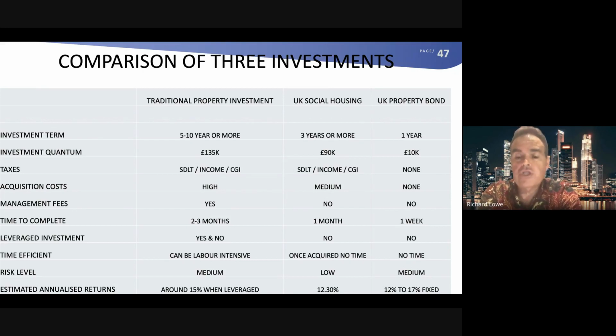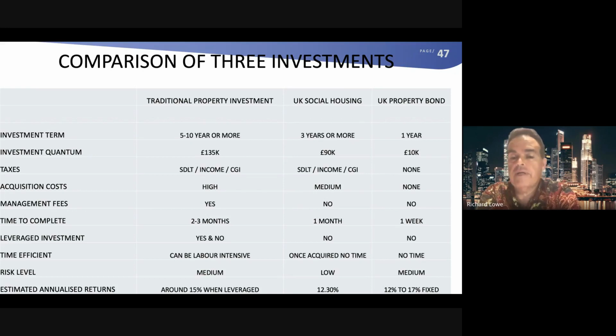When it comes to the UK social housing, I've derived the figure of 12.3%. I've used an assumption that the client is going to trigger a 3-year guaranteed buyback with a 10% premium. You're buying the property at a net 9% yield, which does adjust over the 3 years. But let's just say, for the sake of argument, you've got a 9% yield times 3 years, that's 27%.